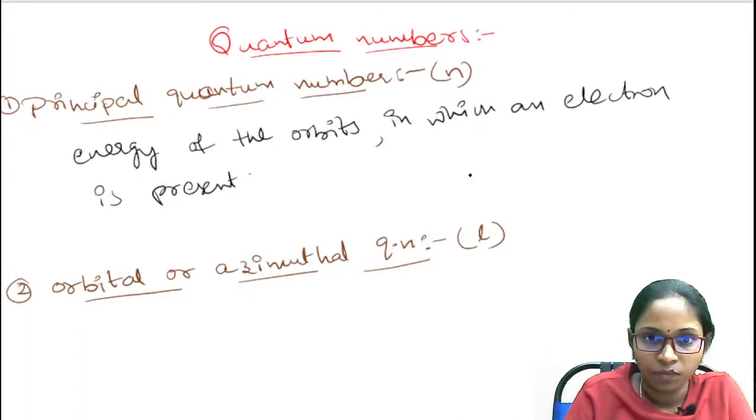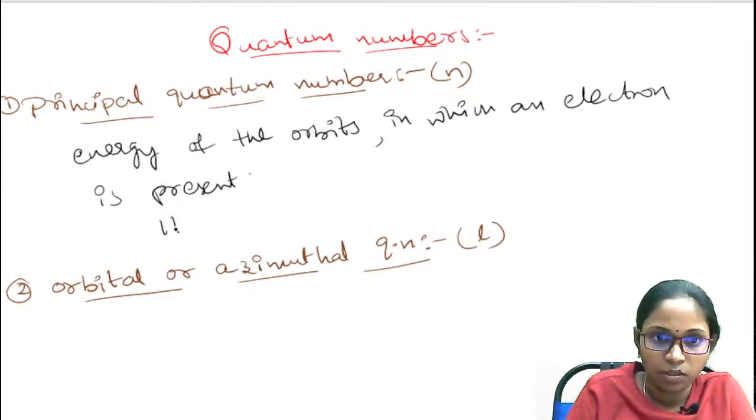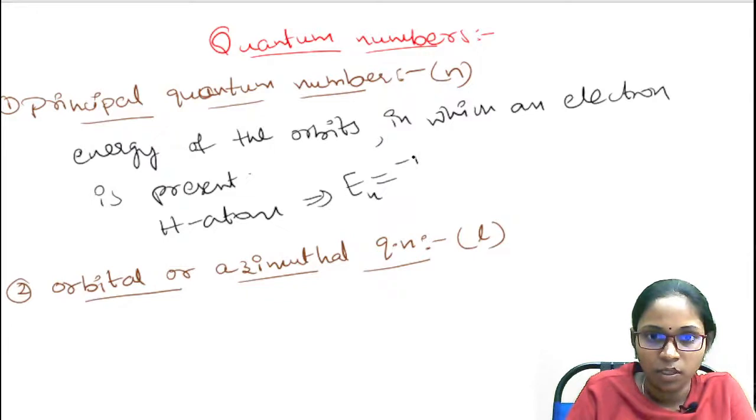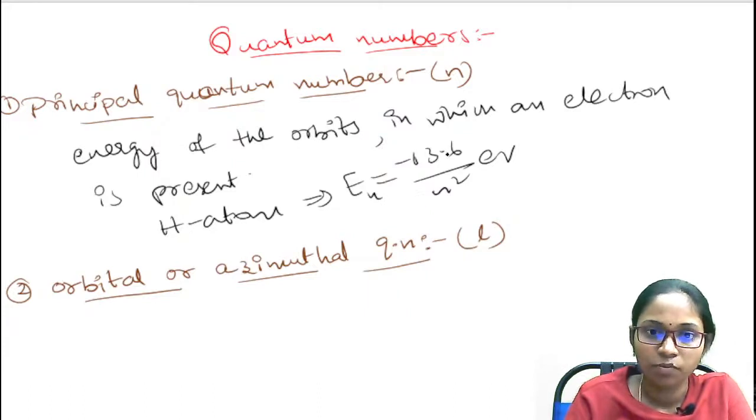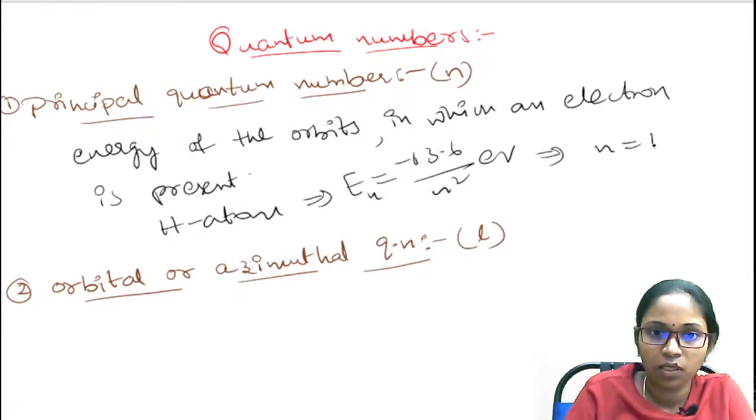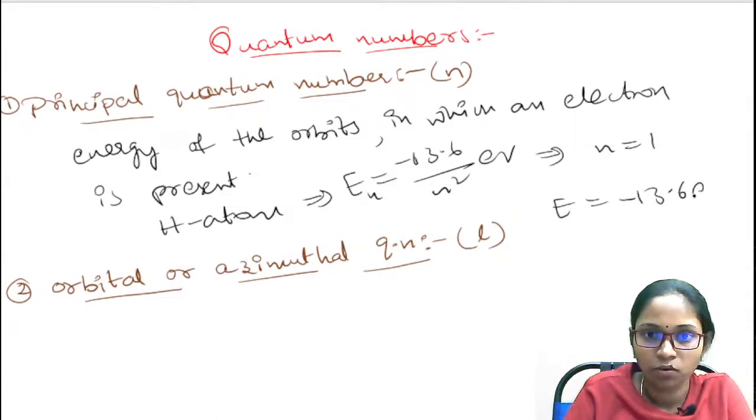Okay, for example, I'm considering a hydrogen atom, and the energy equation for nth orbit is minus 13.6 by n square electron volts. Okay, and for first orbit n value will be equal to 1, therefore energy is equal to minus 13.6 electron volts.